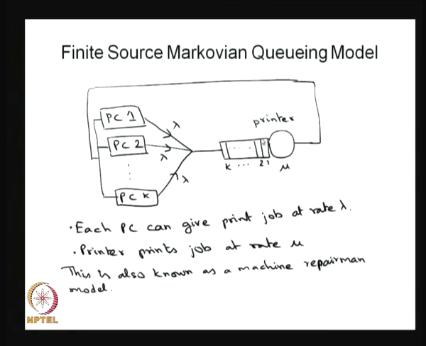So, with these assumptions, you can think of the stochastic process, that is, the number of print jobs in the printer at any time t, which forms a stochastic process.